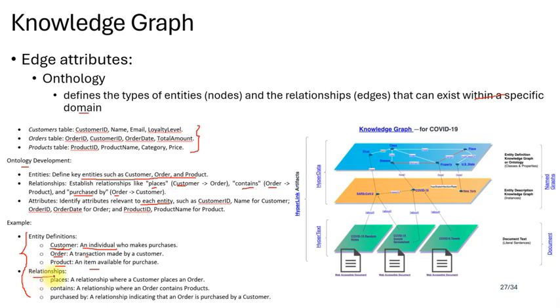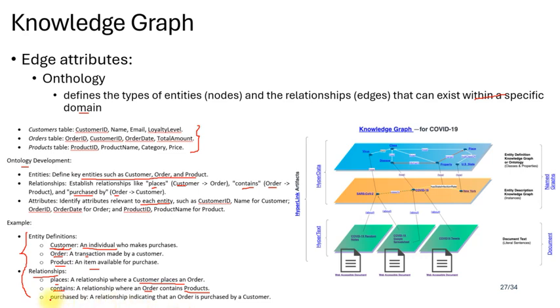Then we have relationships such as place, where the customer placed an order. Like I said, customer and order have a relationship, and that relationship is place. Or contain is the relationship of order and product. We can say that this order contains this product. A pen contains maybe ink. So that's a way to explain the link relationship.